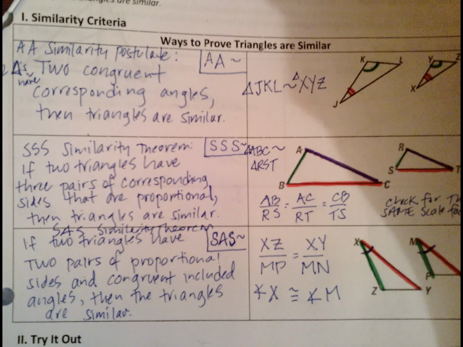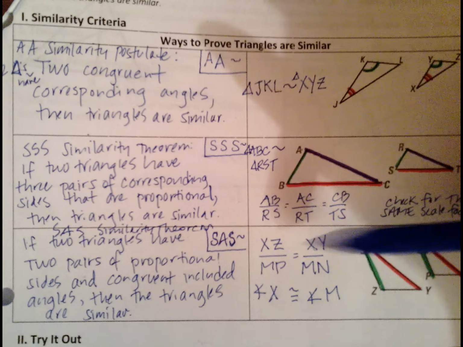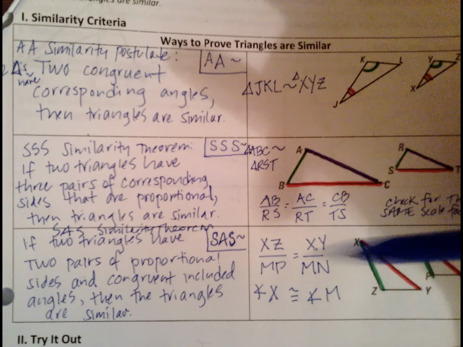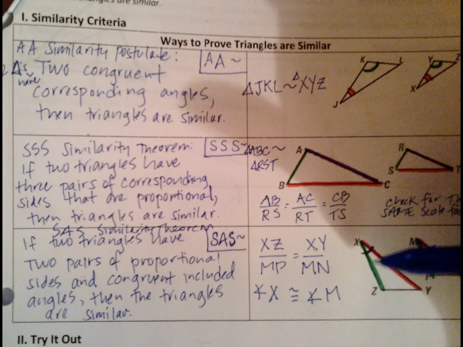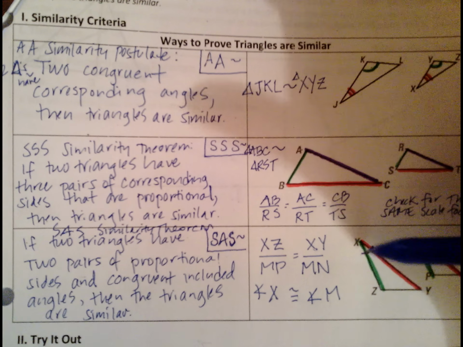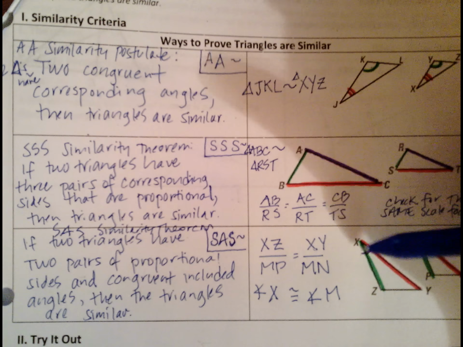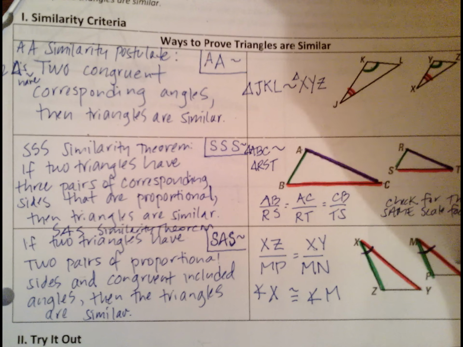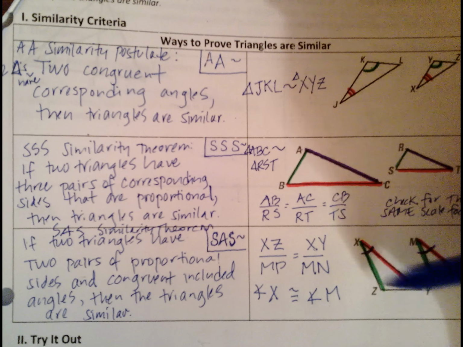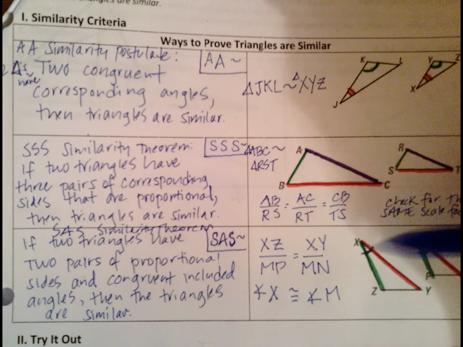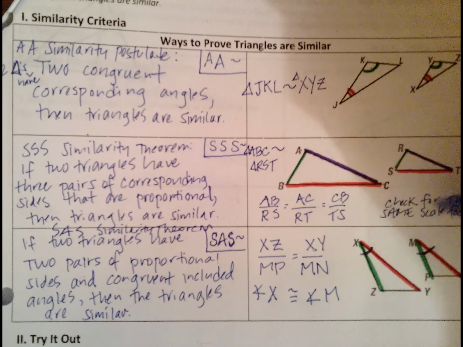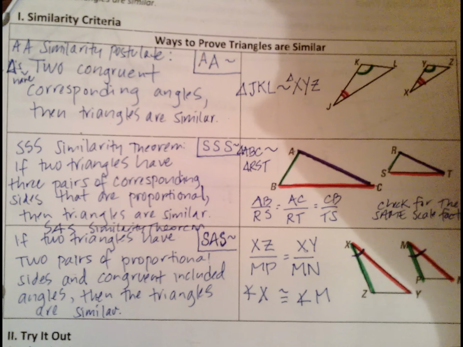So again, what that means is if there are two pairs of corresponding sides that have the same scale factor, then you have almost enough criteria to prove that they're similar. What would need to happen is that you would also need to have a set of congruent angles. So if you have two sets of proportional sides as opposed to three, so let's say these have a different scale factor than these two sets of sides, but you have a set of congruent angles, then you have enough information to prove by side angle side that the two triangles are similar.